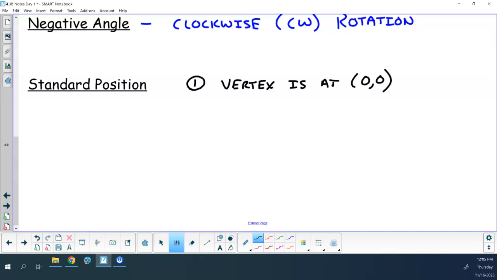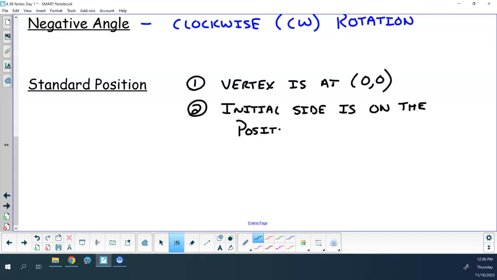So we would rotate around the origin, rotate about the origin is the proper mathematical charge. The second condition, I should say, is that our initial side is on the positive x-axis.